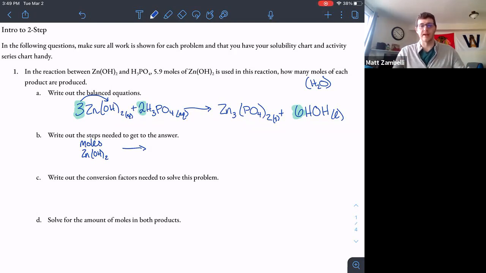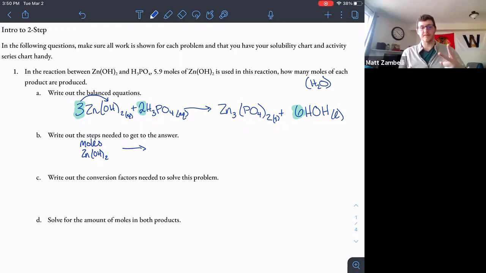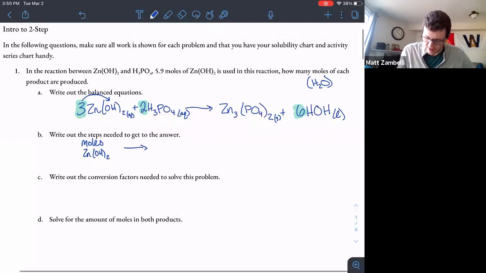What does it say we're trying to find? The moles of zinc phosphate and water? Awesome. So we have two problems here, not just one. So we're going to write out the steps twice since we have two sets.